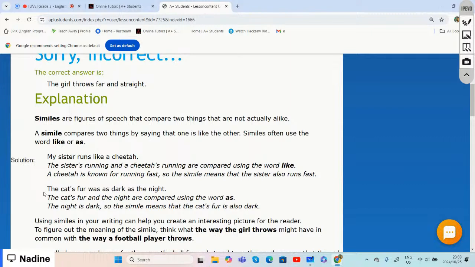A simile compares two things by saying that one is like the other, and we use words like or as to show the comparison.